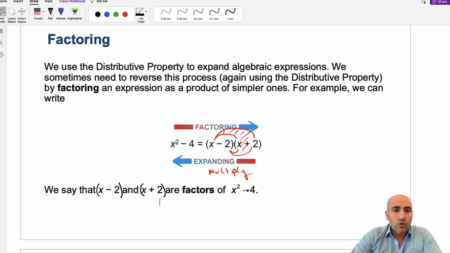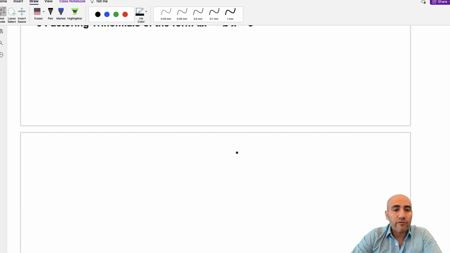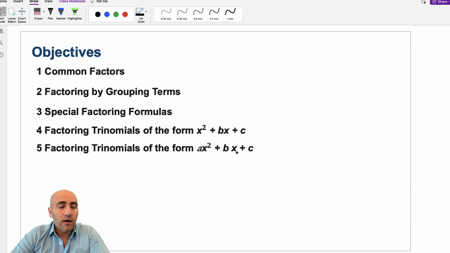Okay, all right, so I would recommend that you do them in this order. Whenever you're facing a polynomial, I would recommend that you tackle that process in this order.